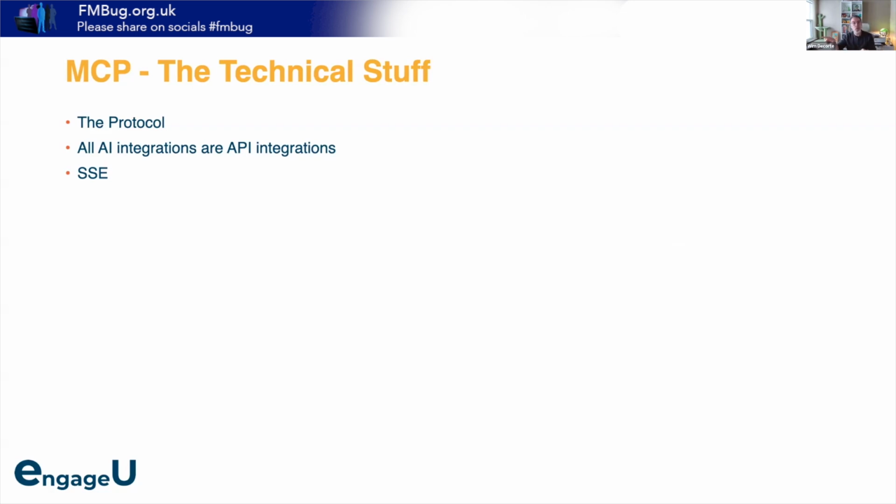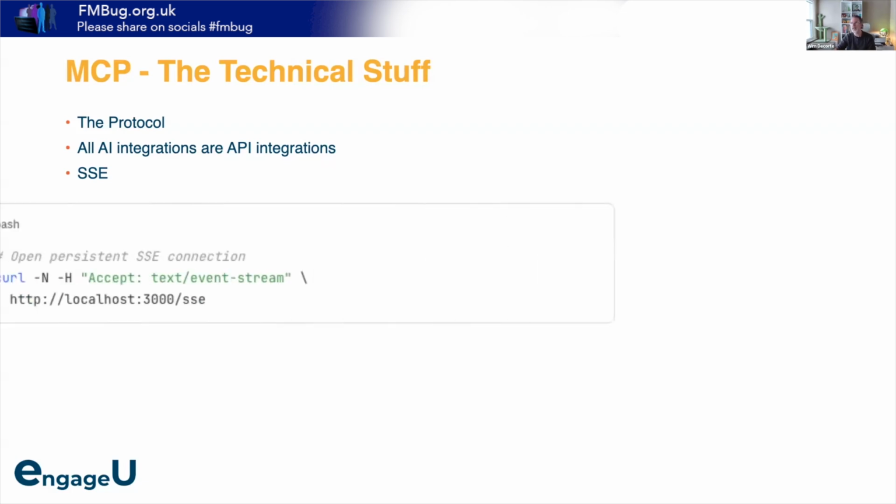And then there's the third one. SSE, by the way, is already deprecated. It's only a year old, but it's already deprecated. I'll still show the example because it doesn't really matter whether it's SSE or streamable HTTP, which is the newest of those three vehicles. I really want to drive home the point that once you see it, it looks exactly like any other API stuff that you've done, right? So it's not that difficult.